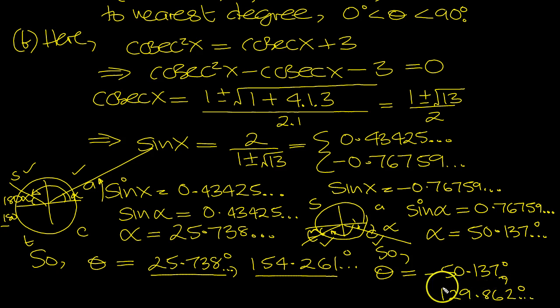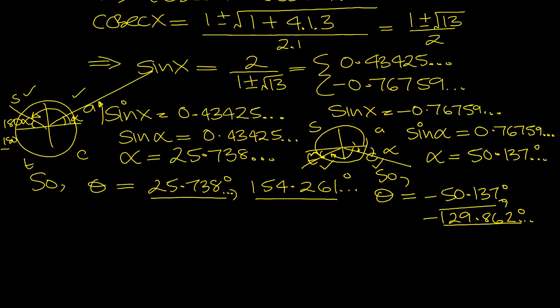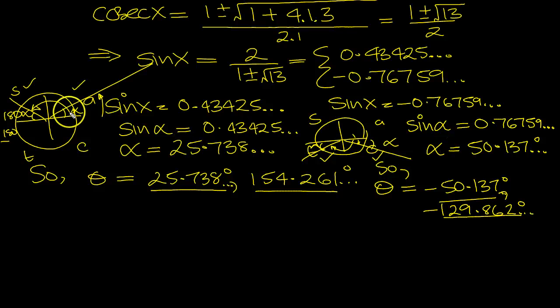That's it. So those are the two solutions for the set here. This is a minus, of course, because we're going round to minus 180 in that range, from 0 to minus 180 just underneath here. So we get those two solutions.